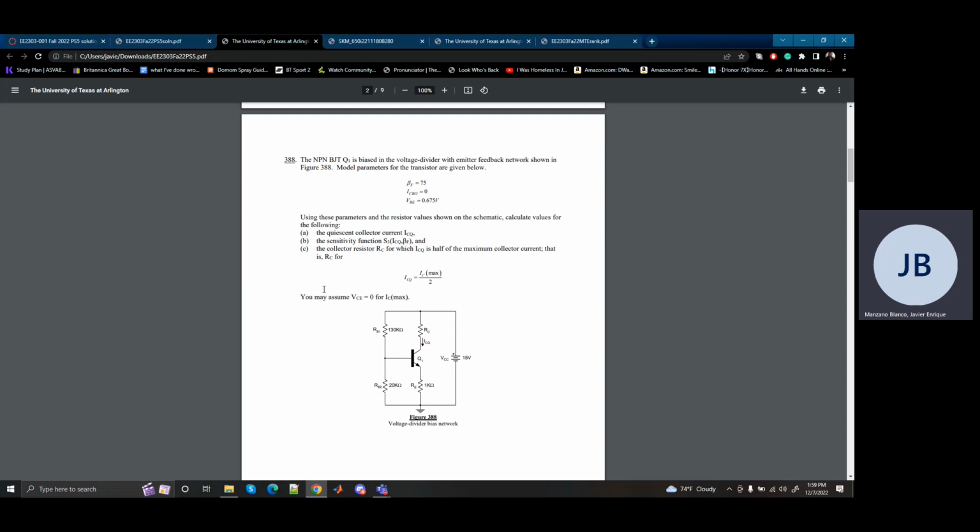The same, so I take this, I give my Thevenin's equivalent.